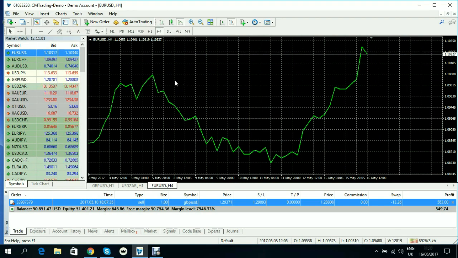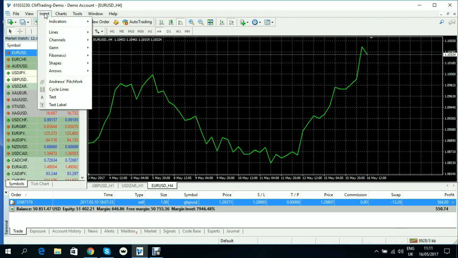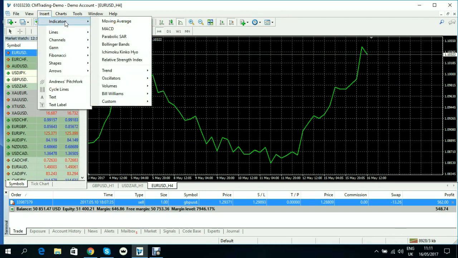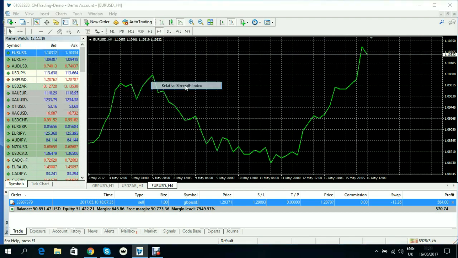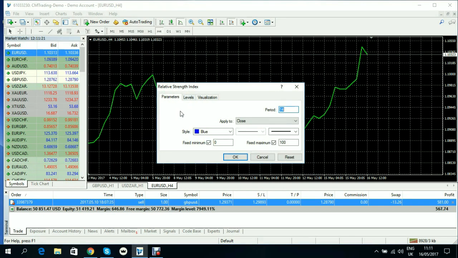To get it back on the platform, you go to insert, you go to indicators. Because it's an oscillator, you go to oscillators, and then you look for the relative strength index. You click on it, you check the period, it should be 14, that is the default. The apply to close, you choose your own style, that is the color.